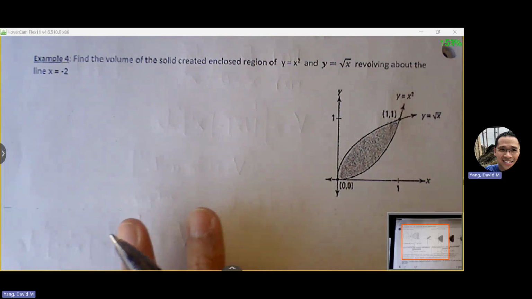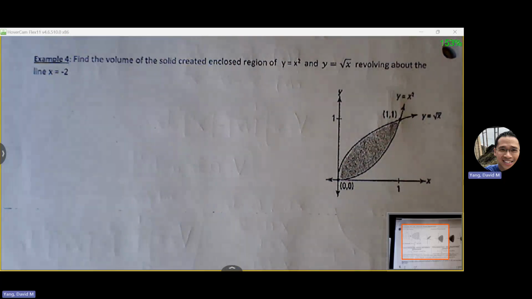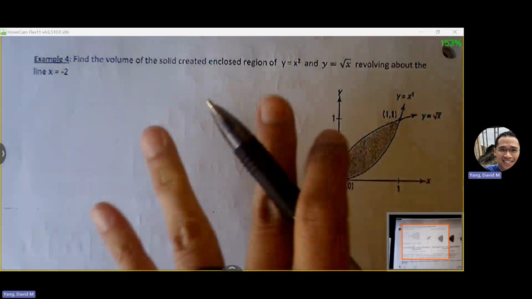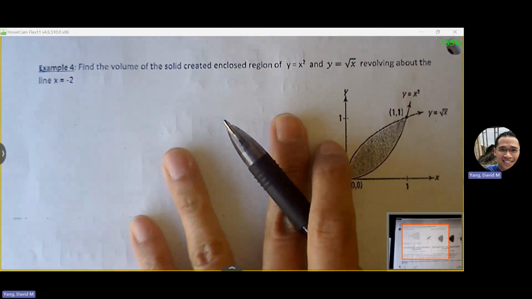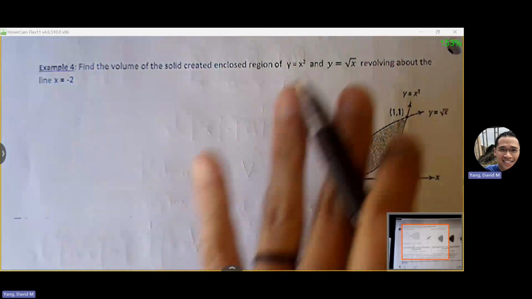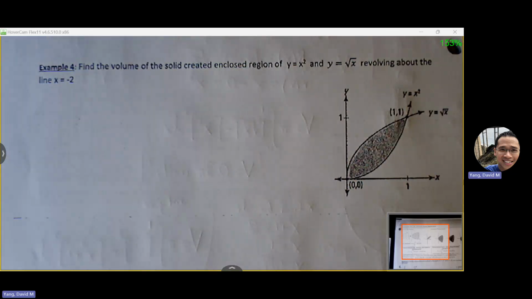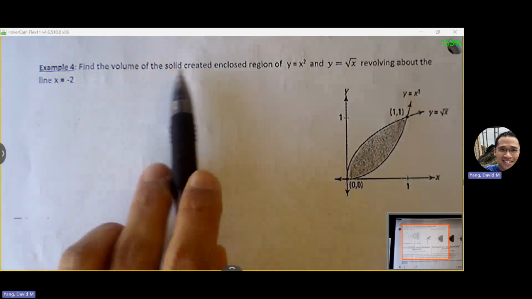Top minus bottom is a good way to introduce the concept, but the more involved problems are going to be where we have a vertical axis and a horizontal radius, because the equations are going to have to be rewritten. So we have find the volume of the solid.